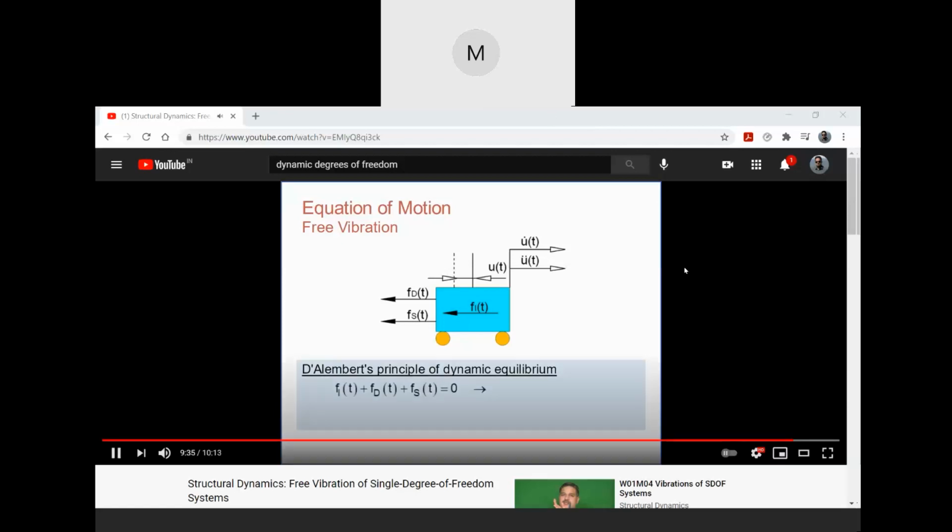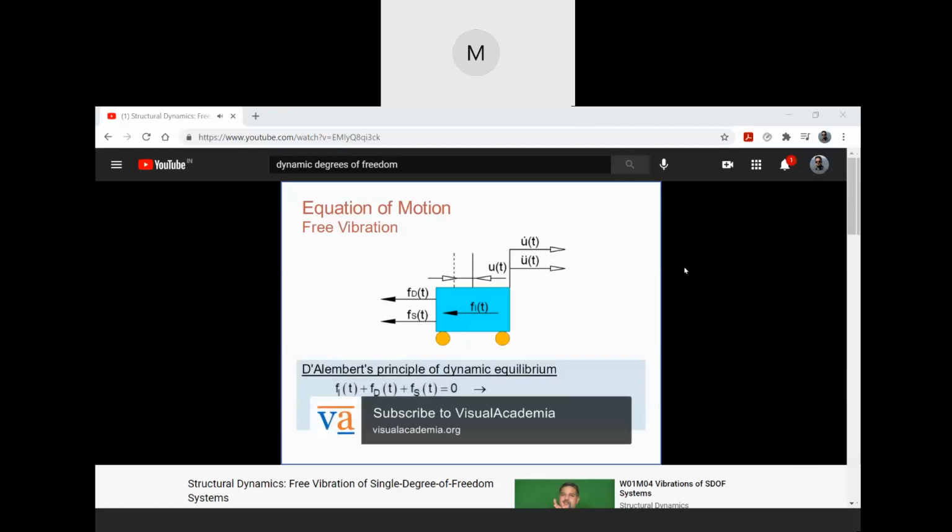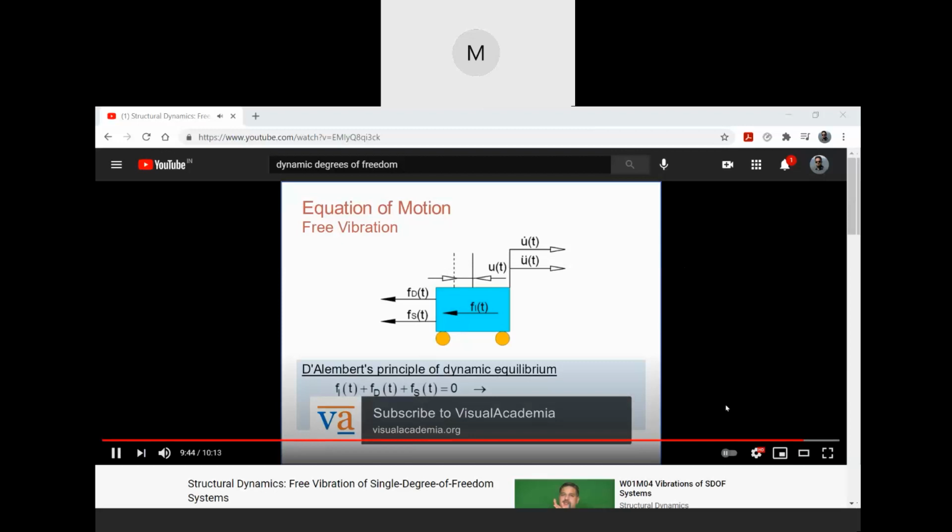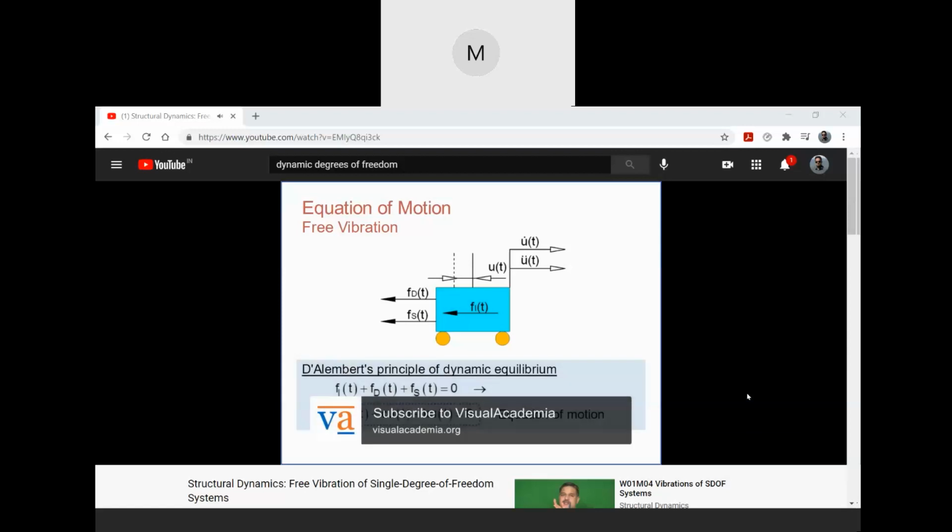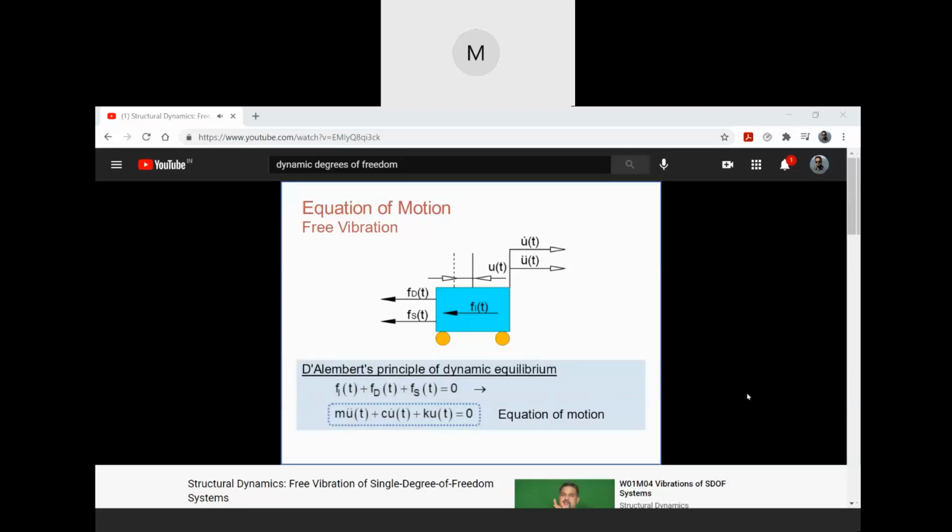Therefore, we sum up all internal forces on the left-hand side of the equation and the external force, which is zero in the present case, on the right-hand side. The resulting equation is the equation of motion. We can see that both approaches result in the same equation of motion.